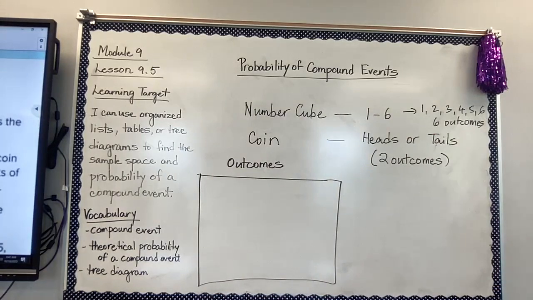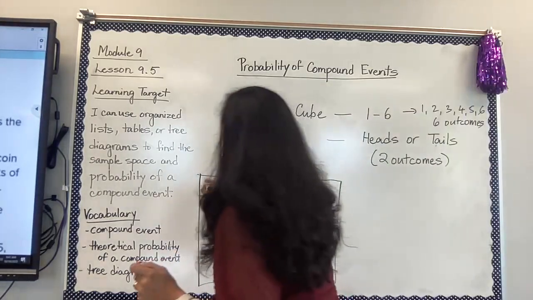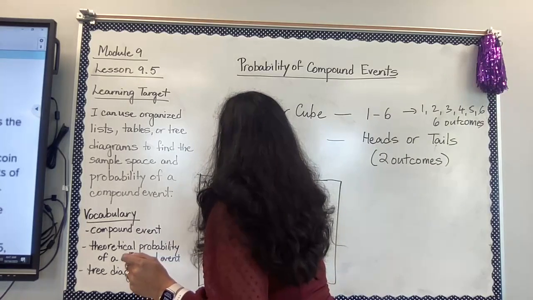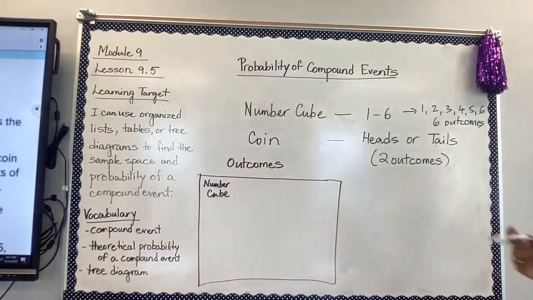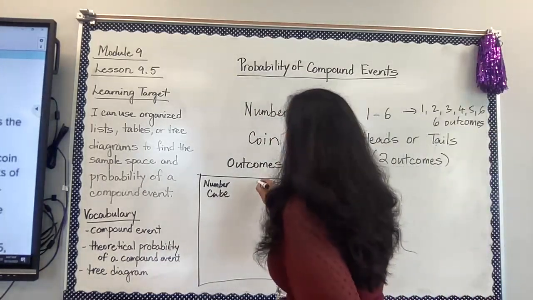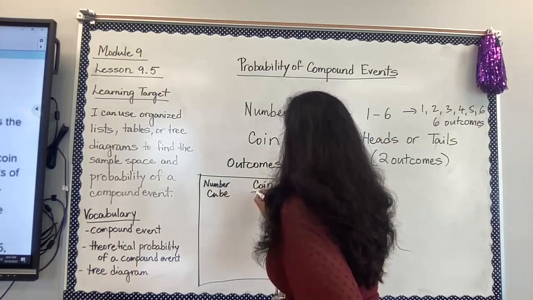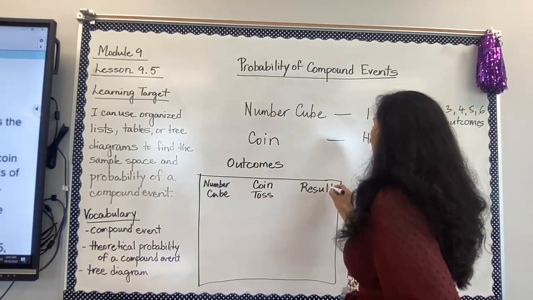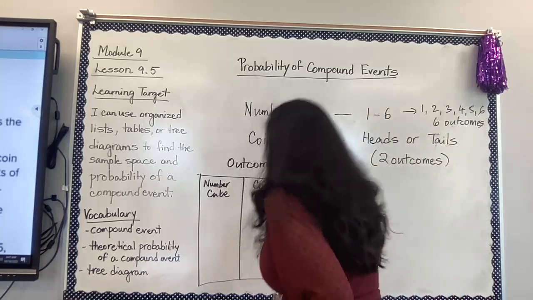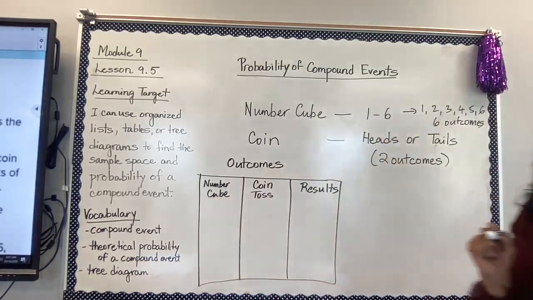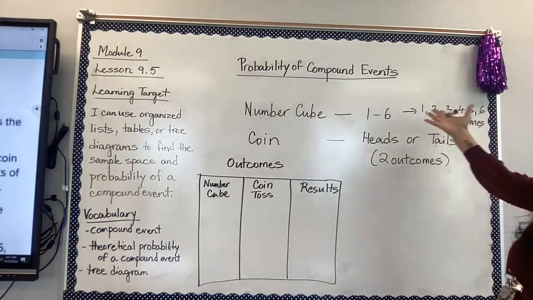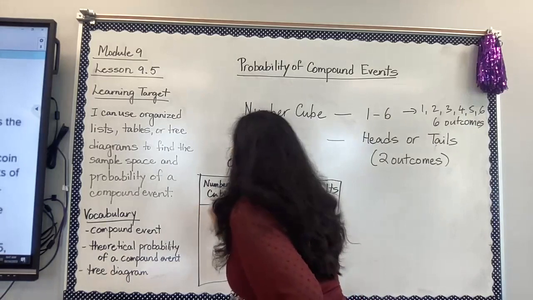So we have the number cube, okay, and then when I am tossing the coin, so the coin toss, and then the result. So I'm going to make 3 different columns. Okay, now when I'm tossing the number cube, what are my outcomes? I have 6 outcomes.